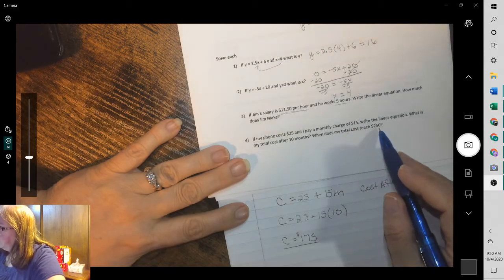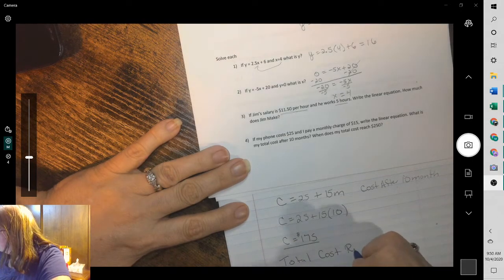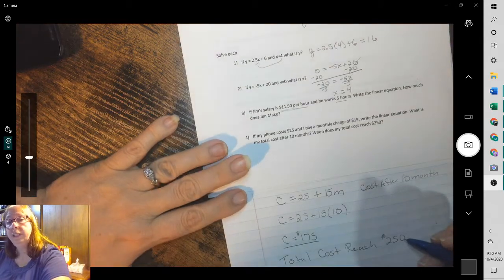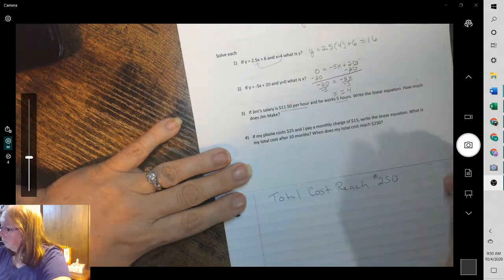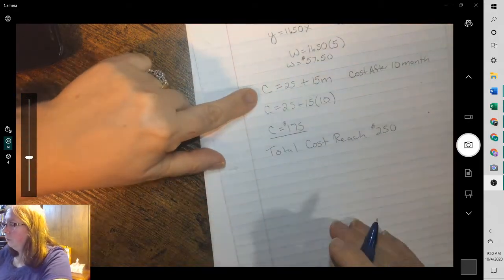When does my total cost reach 250? Well, this is total cost, so it goes in for C. So here's my equation.